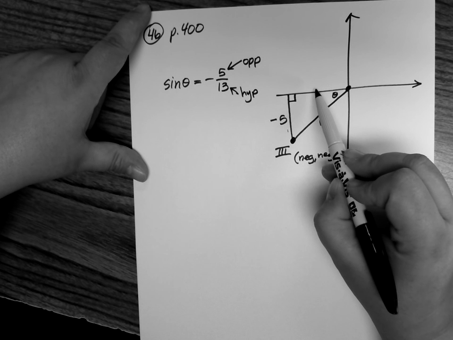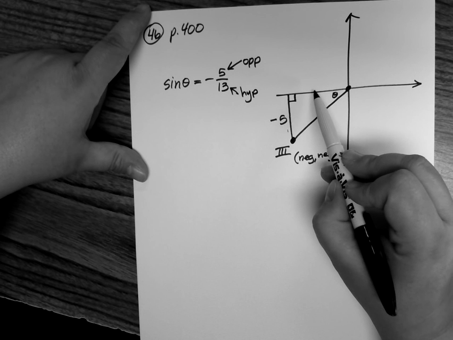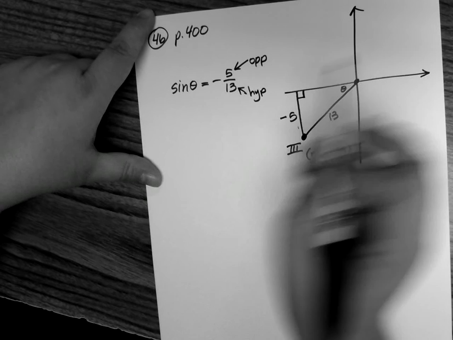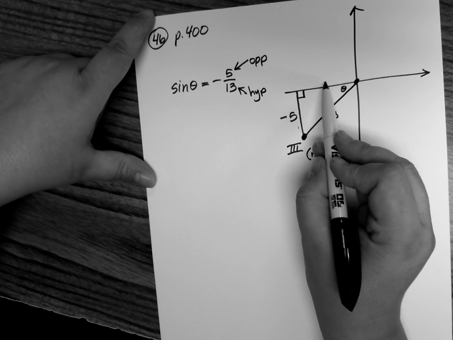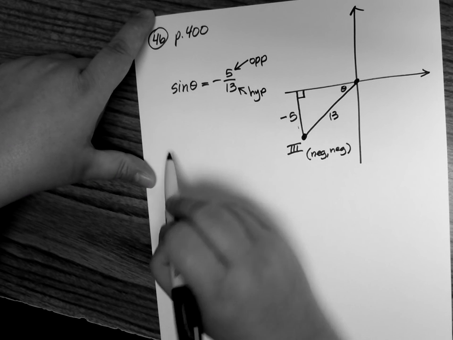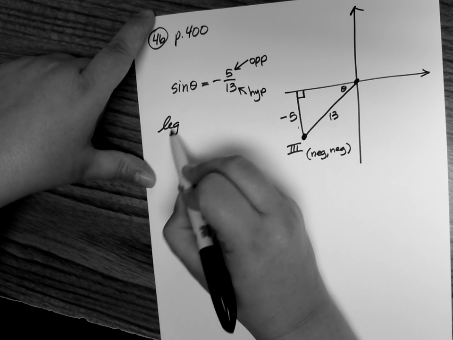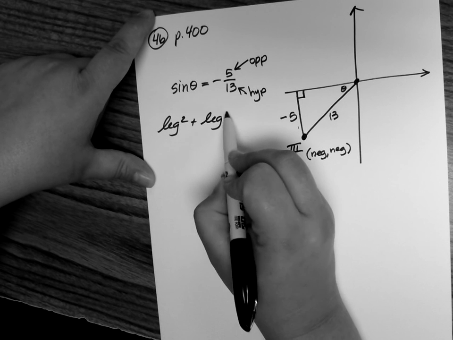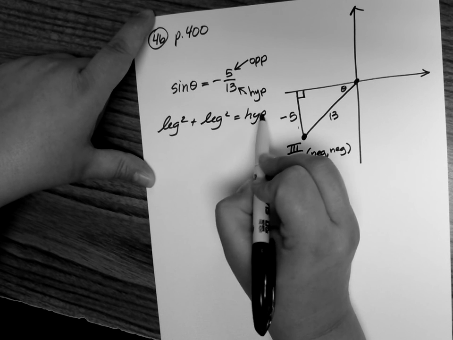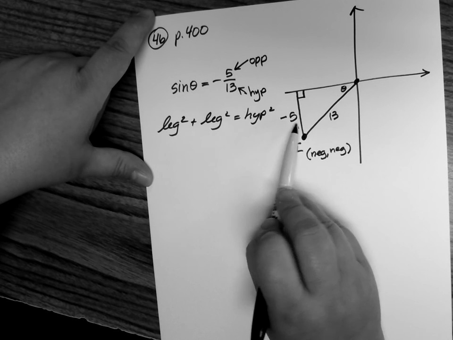When you're doing Pythagorean theorem, there are no negatives because it's just about lengths. So once I find what goes here, that's when I'll put a negative on it. So let's go ahead and do Pythagorean theorem. Leg squared plus leg squared equals hypotenuse squared. So here's a leg.